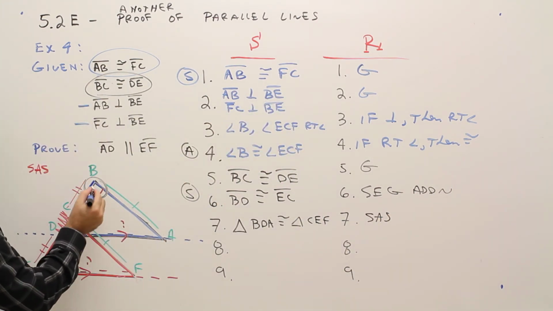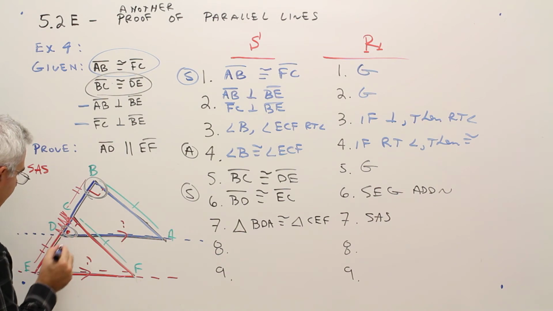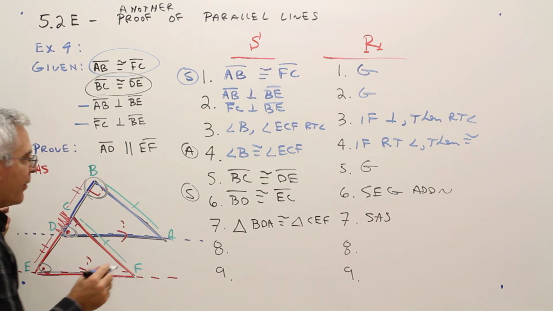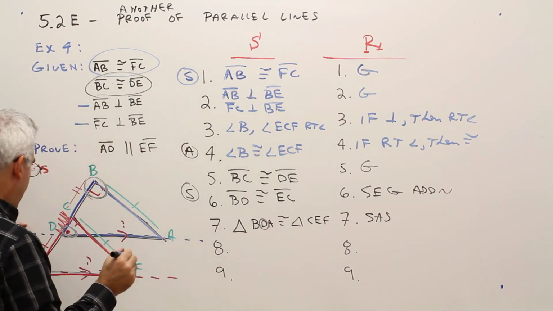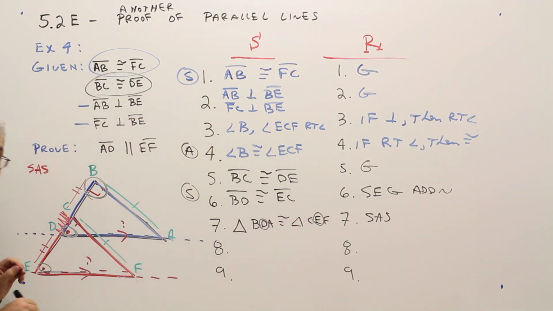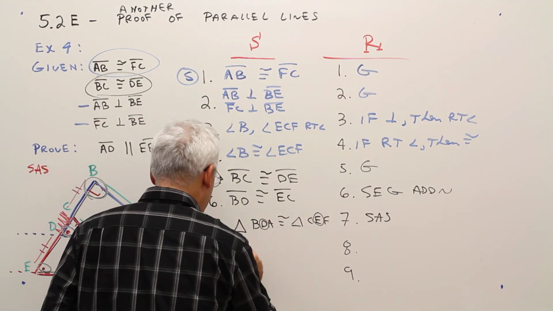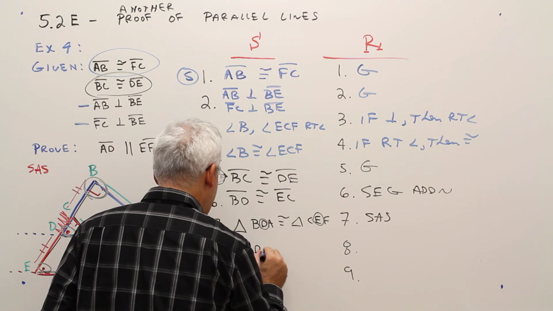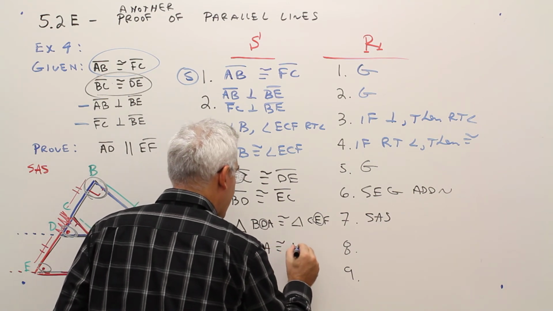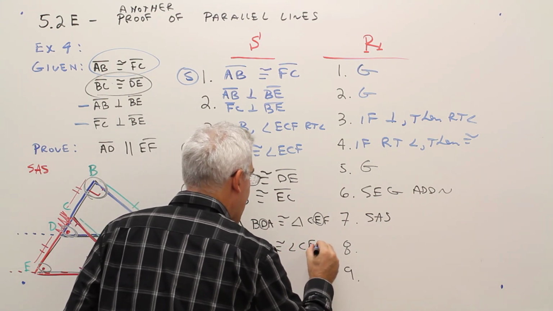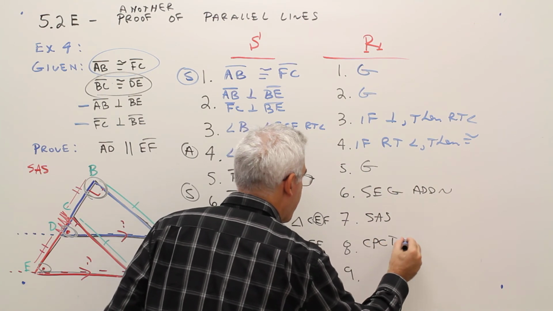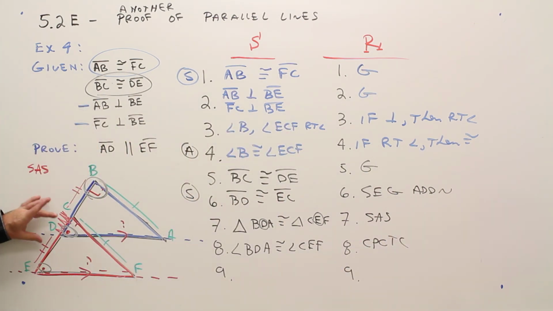Then I can get this angle here congruent to that angle there. D is in the middle, and E is in the middle. So angle BDA is congruent to angle CEF by CPCTC. And now those are corresponding angles.